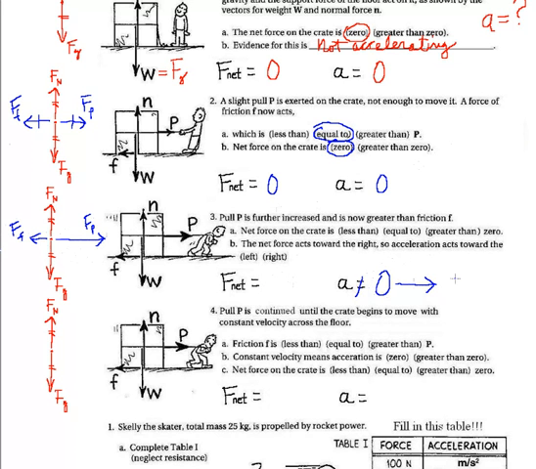Acceleration is not equal to zero, so it's going to the right, and we do have a net force that's not zero. So the net force is defined as the force of the pull minus the force of friction. So whatever the difference is, that's what we get. So we don't have acceleration of zero, we have acceleration to the right. So the net force on the crate is now greater than zero, and the net force acts to the right.